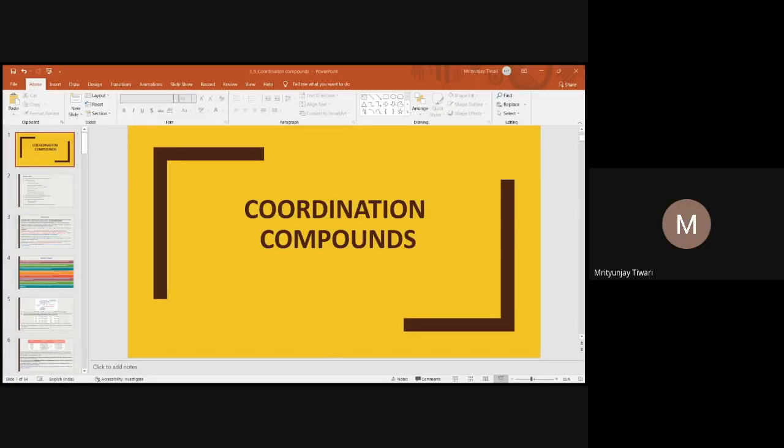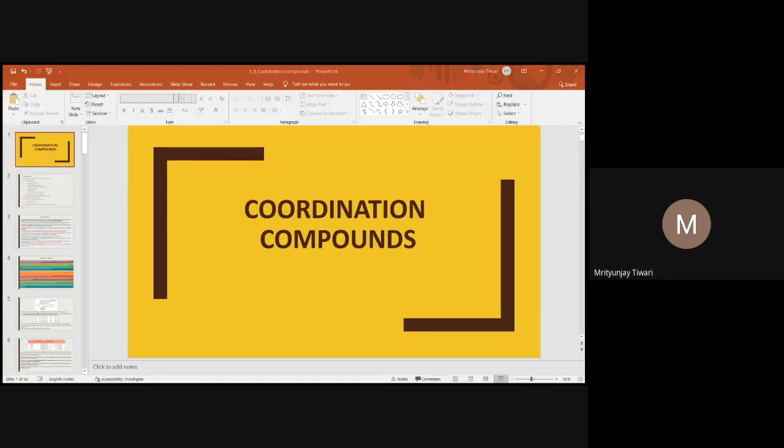In one example the central metal is surrounded by six molecules of ammonia. In another, it is surrounded by one chloride ion and five ammonia molecules. In another, by two chloride ions and four ammonia molecules. So the central metal plus ligands together form the coordination entity, also called the coordination sphere.